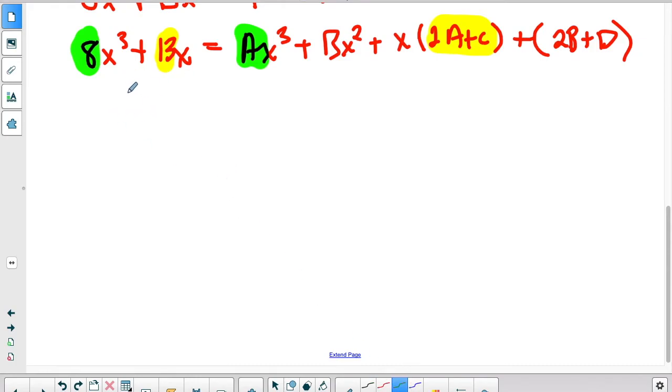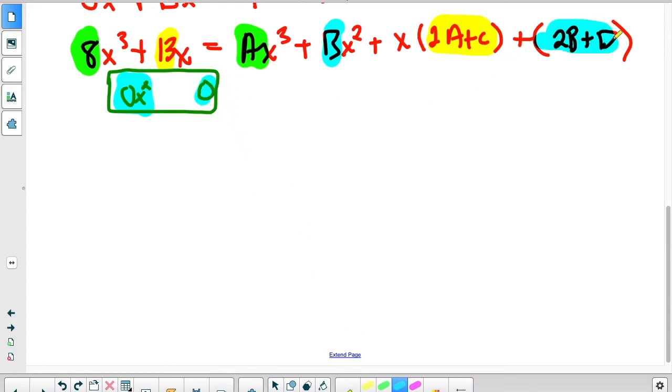Not written over here, we also have 0x squared and 0. These two terms are not written in right here, but they still have a pair they match up to. The 0 matches up with our b, and 0 matches up with 2b plus d.